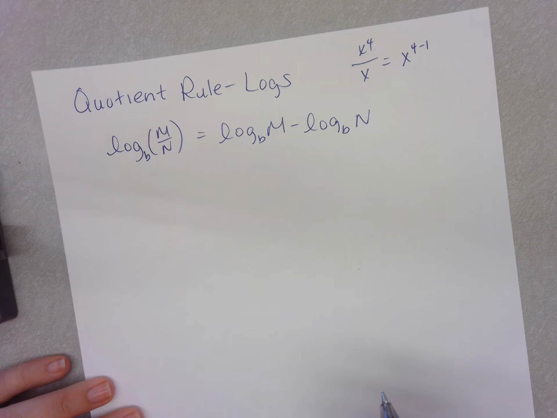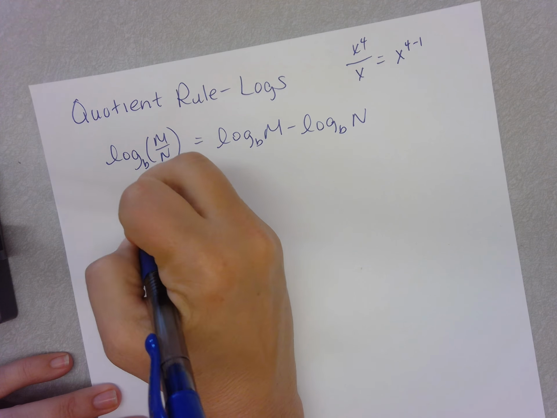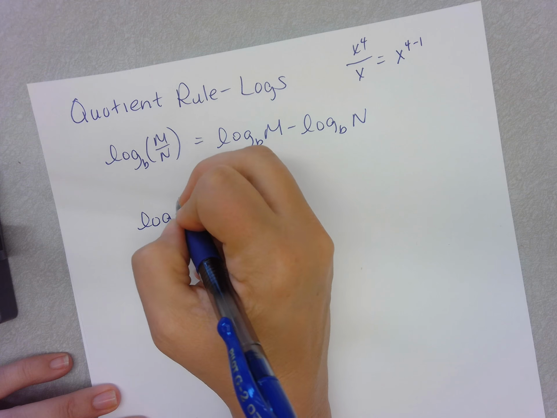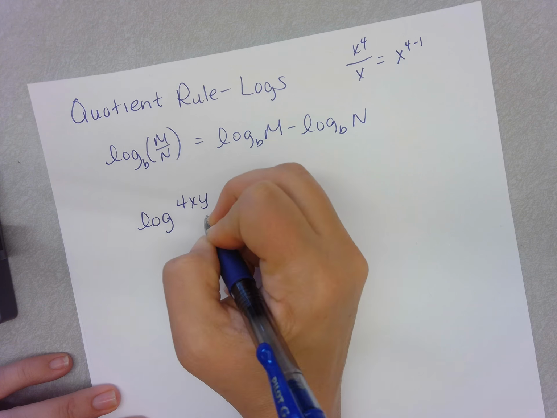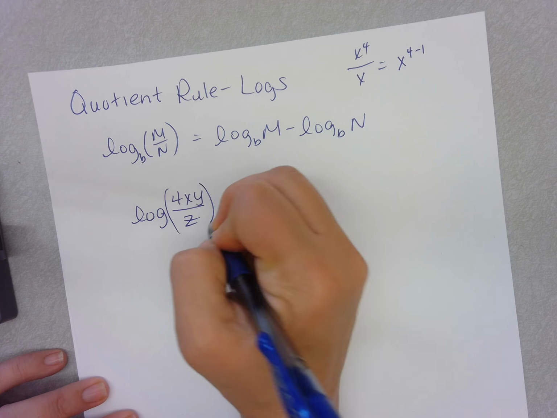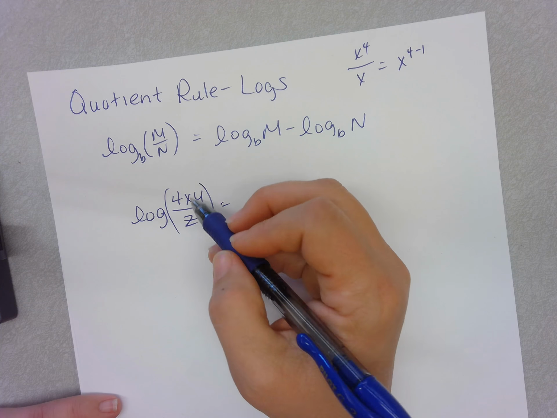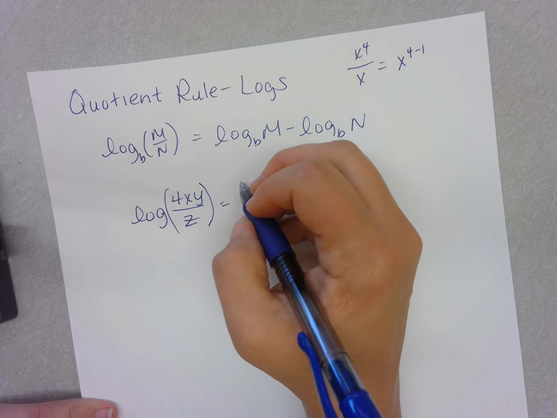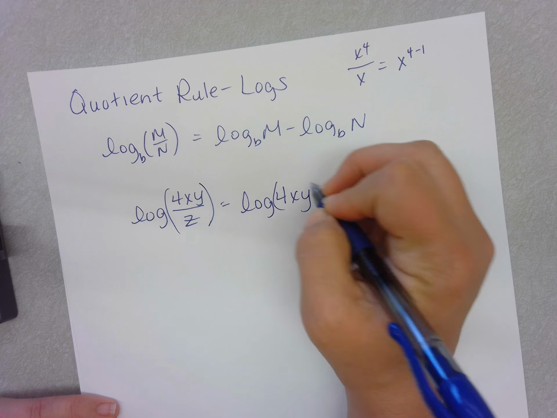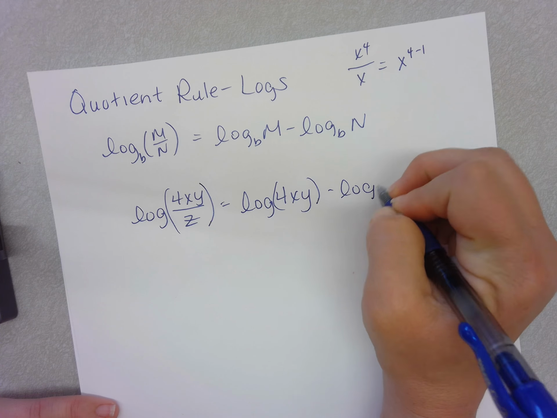If I had, for instance, the log of 4xy over z, we can combine a couple rules here. So the first thing I kind of see is I have a quotient, so I'm going to write the log of 4xy minus the log of z.